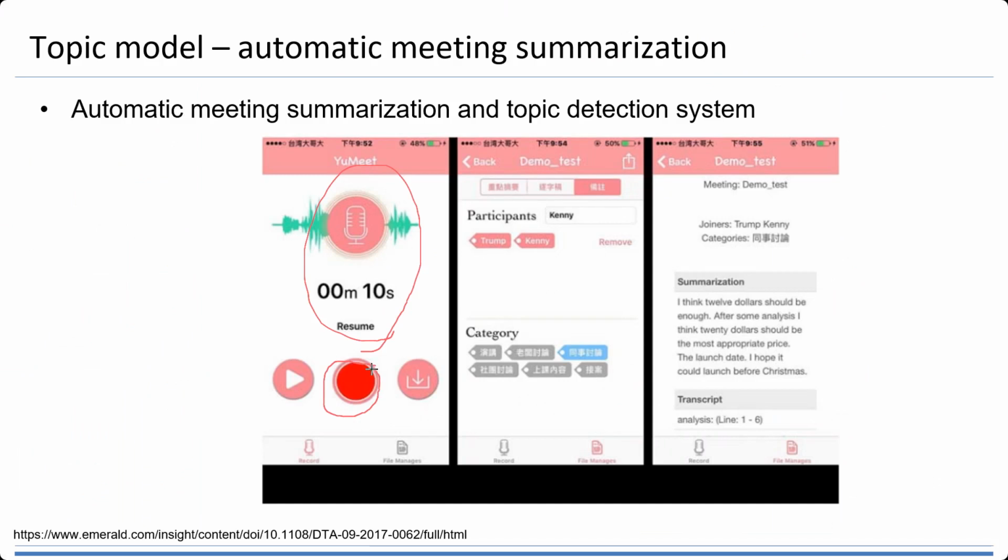After the meeting finishes, it creates a summary. So the summary can be used for the meeting notes. So we can make this summarization, and then we can determine what is the topic in the meeting. So this kind of thing, we can also do.